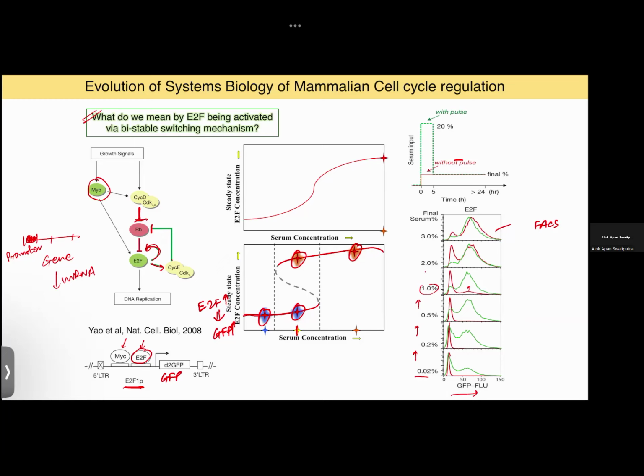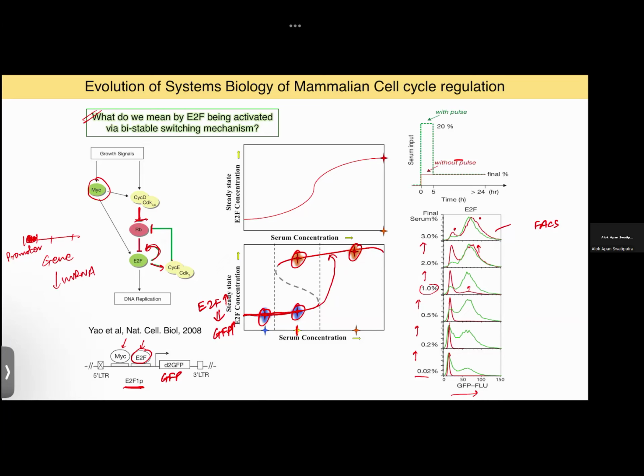When they increase it further, this peak shoots up. This essentially means that at low serum values you had only low E2F cells, which are low GFP. As you increase the serum percentage, high GFP cells start coming. Once they move to 3%, there are fewer low intensity cells and more high intensity cells. So this is the behavior.